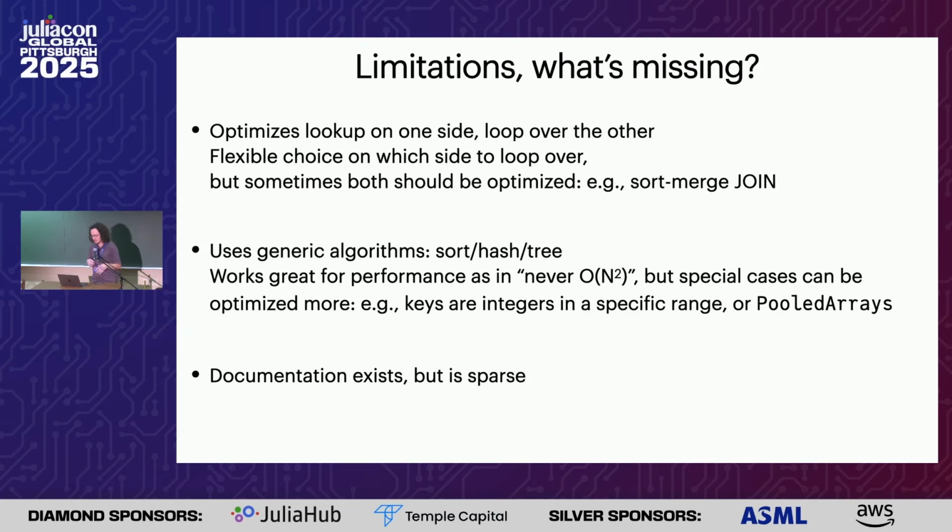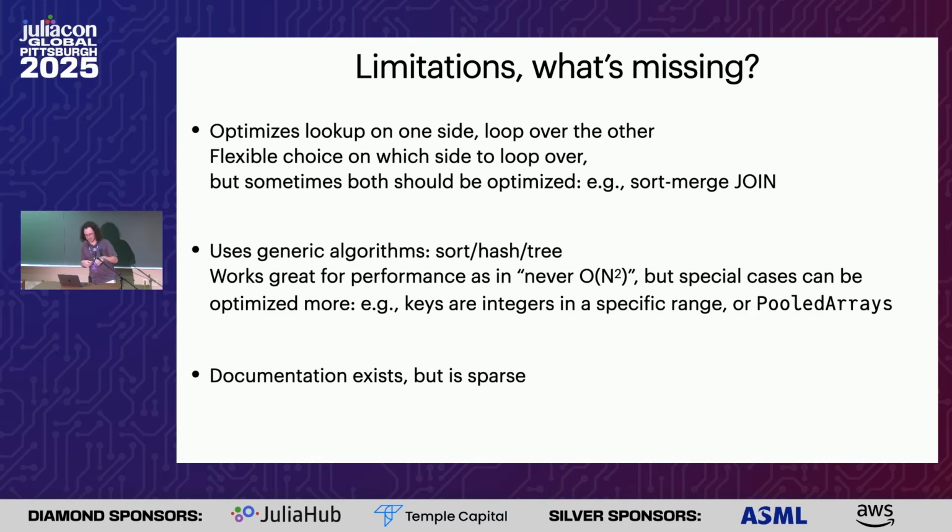Most notably, there are a lot of common cases. Like keys are an integer in a specific range, or you have a pooled array or categorical array with not too many distinct values, or just small integers. This all can be optimized, and it won't change the asymptotic behavior.